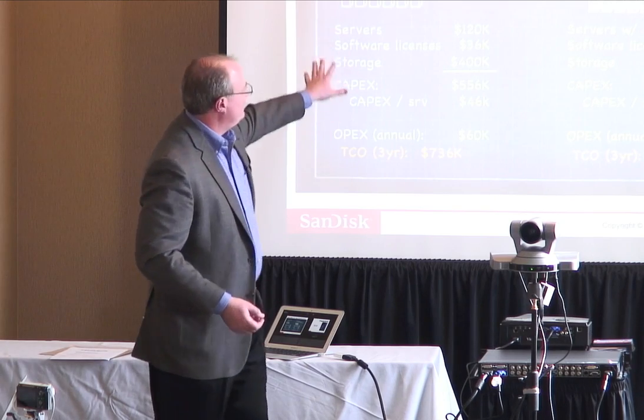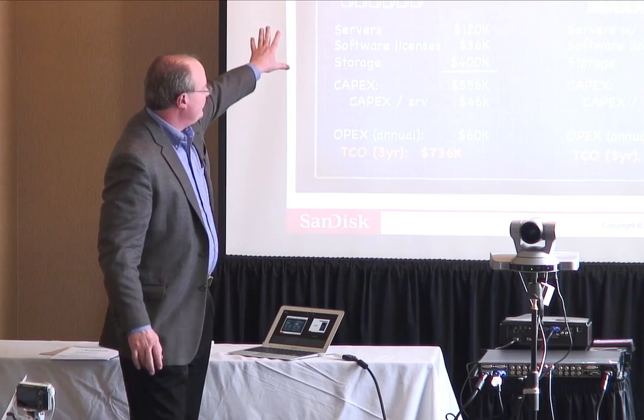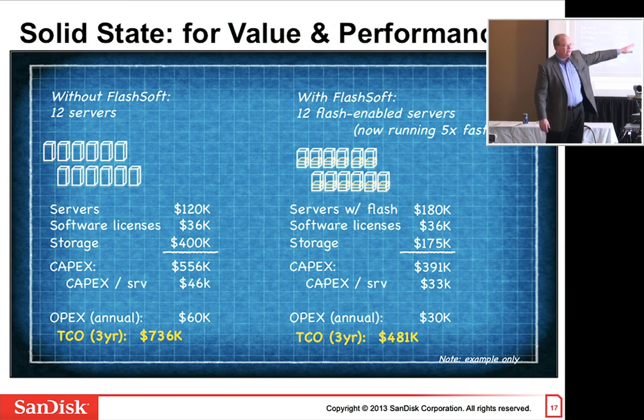This is a small scenario, just doing the math on 12 servers deployed without FlashSoft. Those servers become more expensive when you deploy them with a flash device and caching software. So your purchase price per server goes up, and you have more expensive servers. But the storage overhead is reduced, in OpEx and CapEx both.